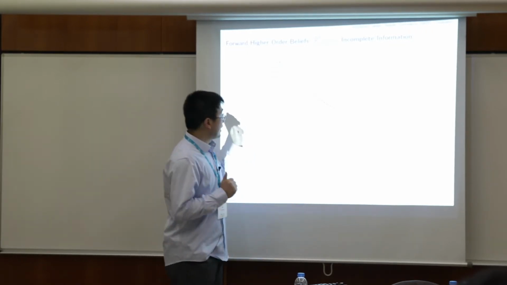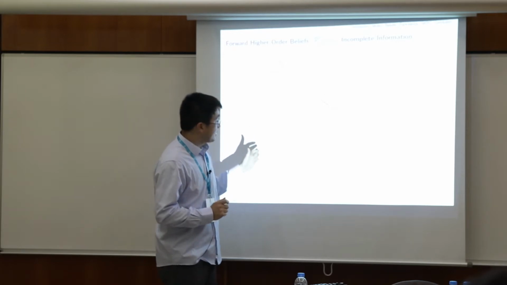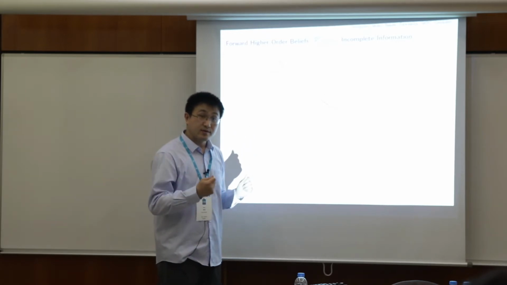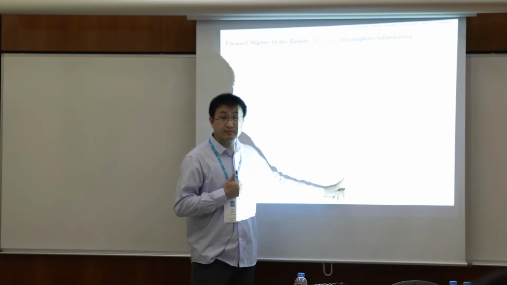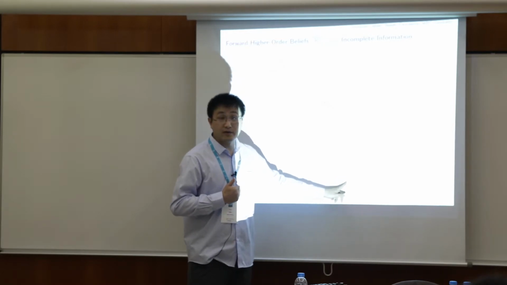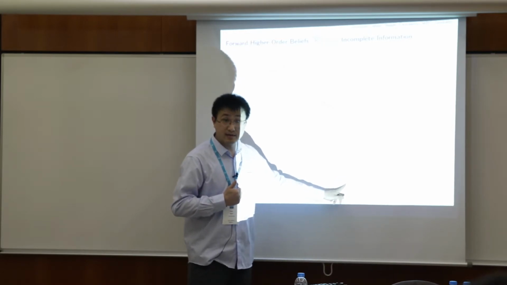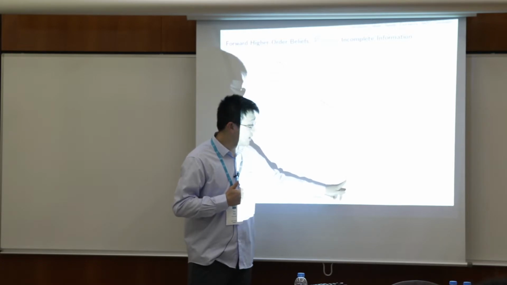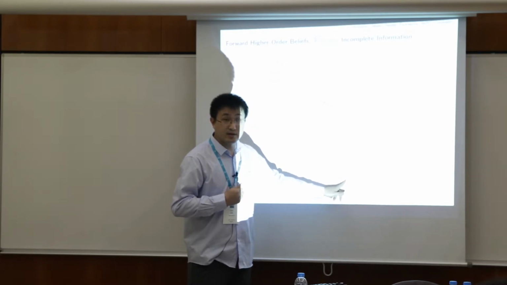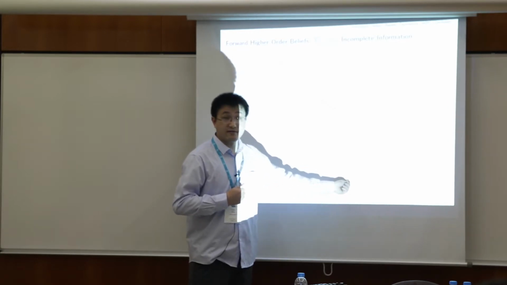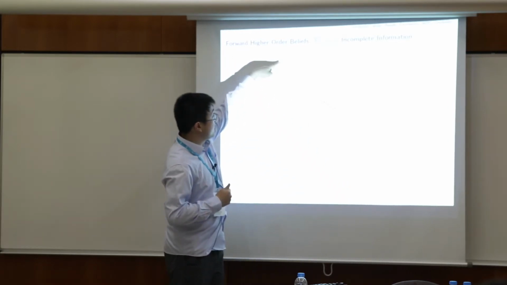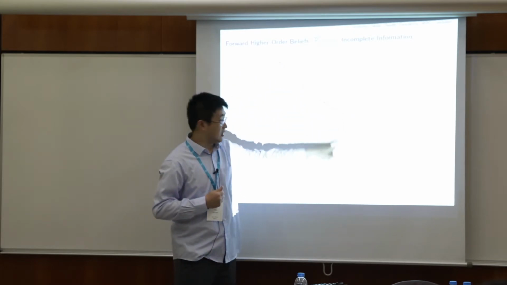Let me say it one more time. This is an impulse response to the fundamental. It's the impulse response to this one, which follows an AR(1) process. I'm going to shock this variable, so it follows an AR(1) process. This is the impulse response of this object.